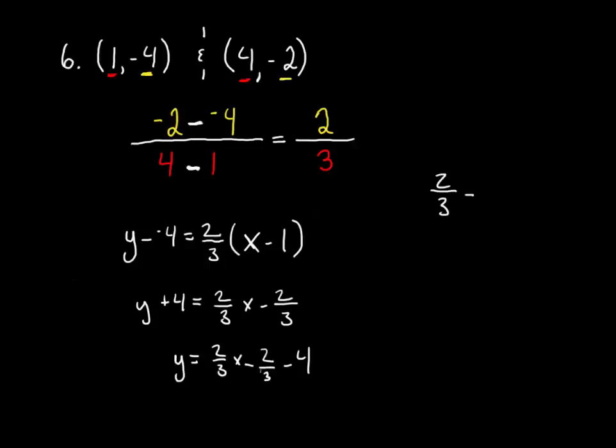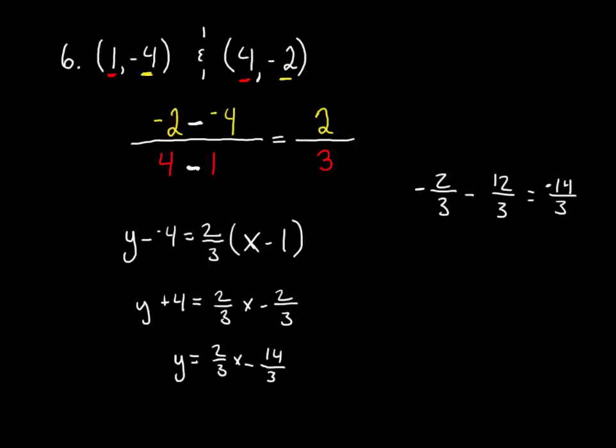2/3 minus 4 is the same as 2/3 minus 12 over 3, because 3 goes into 12 4 times, and that's a -2/3, so that gives us -14/3. At this point, we're in slope-intercept form, but the instructions are to convert all the way to standard form.